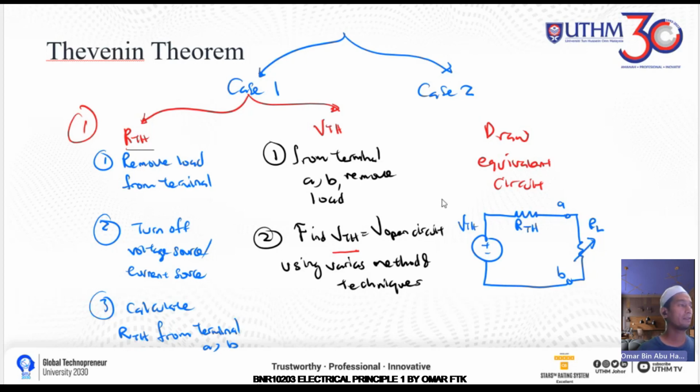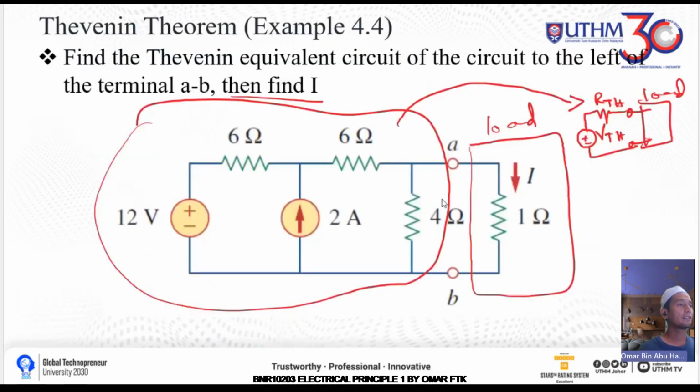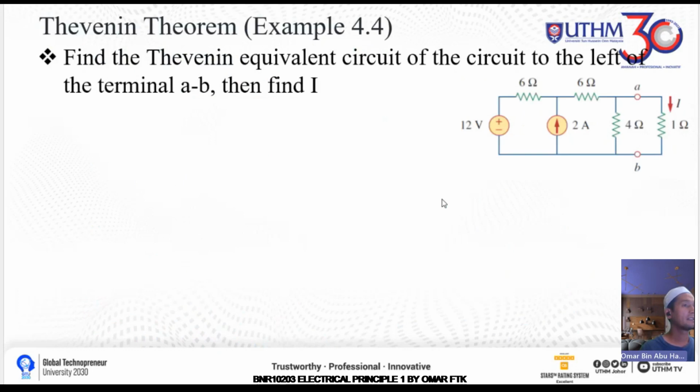So let's draw it first. This circuit, let's draw it from the AB side. So the first step is remove the load. So you have to remove the load. Let me draw it again.